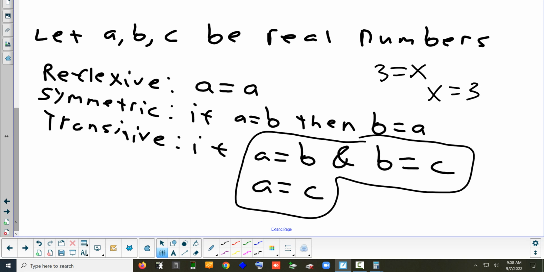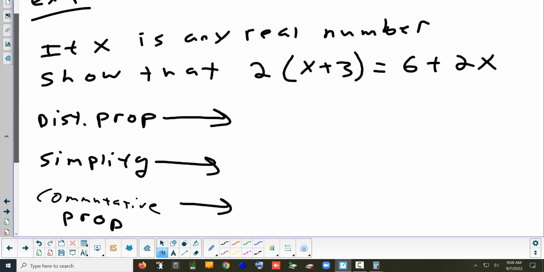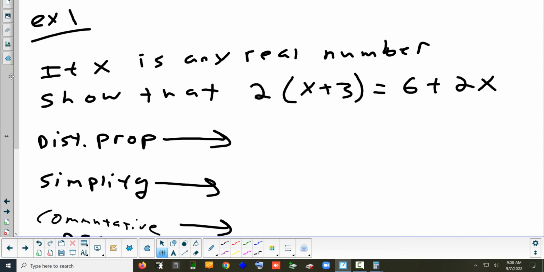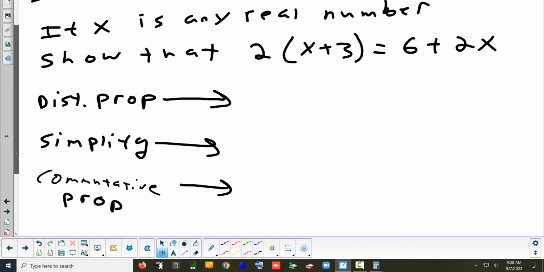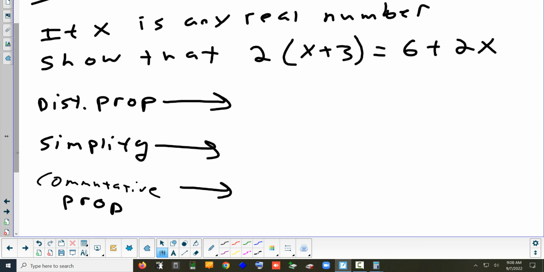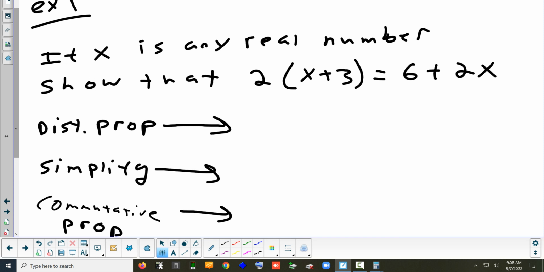All right, so what I want to do now is just look at an example of a kind of problem you could see on a test using these properties. What they've done in this problem is they've given you an equation, and they basically want you to solve it.